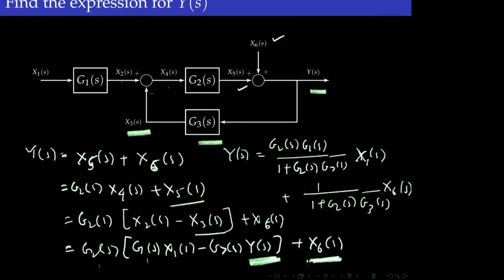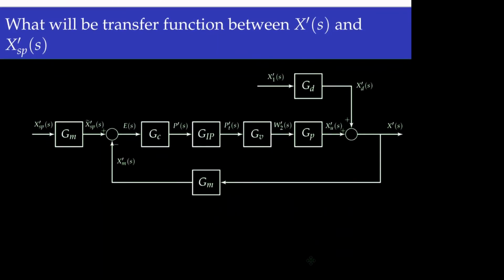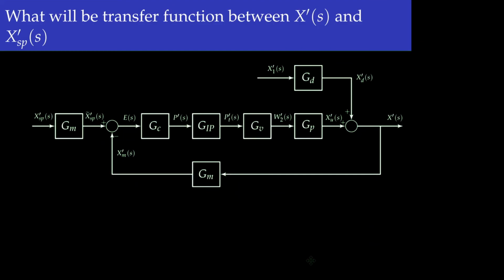Okay. Now let's see how to deal with something like this one. Now we can follow the same procedure to get the relation between this, x prime s to x set point s. Okay, now that's one way. Now in general, we have a procedure to get it directly.